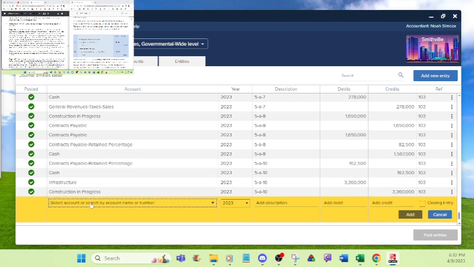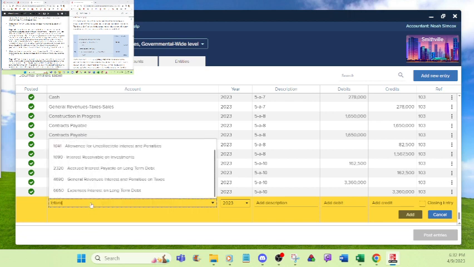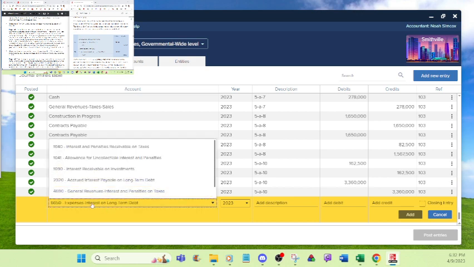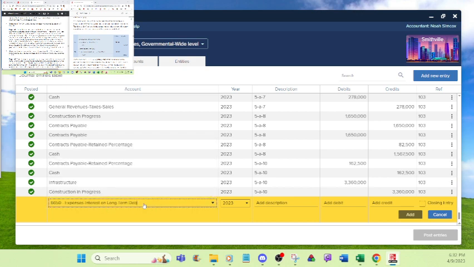Okay, hold on. Expenses interest on long-term. Expenses interest. What? It was not expense.